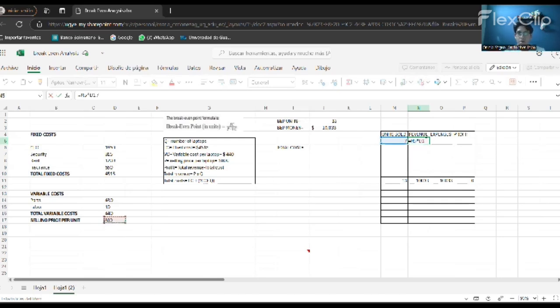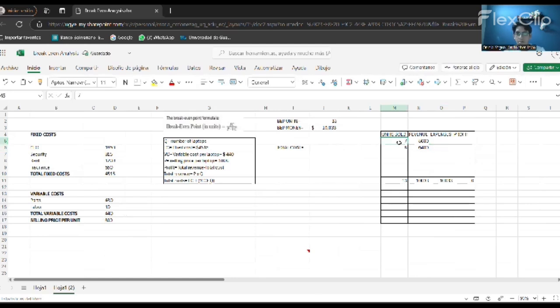We need to use a function that on our keyboard we can find, the F4 function, and that is going to be our revenue. And in the other case, if we only sold 8 computers, we need to do the same: equals units sold multiplied by the selling price, and use the function.